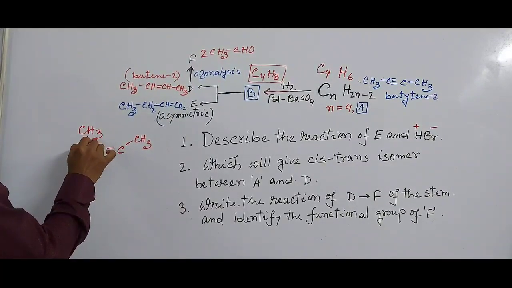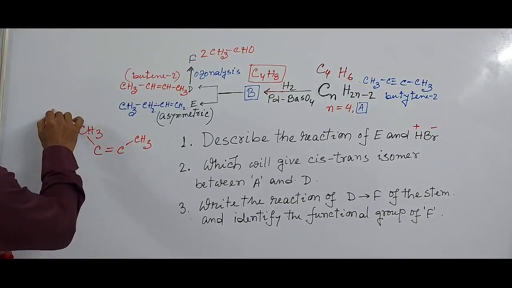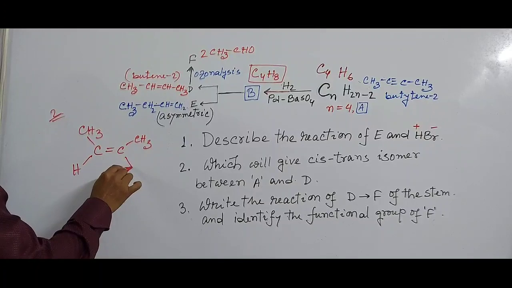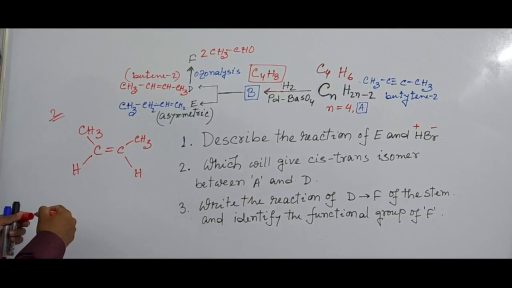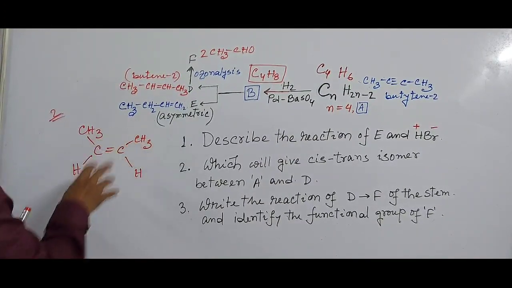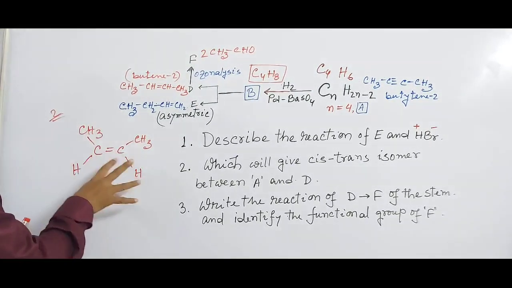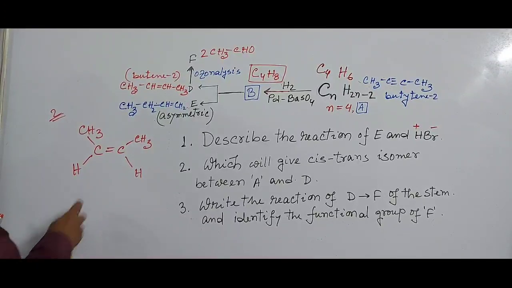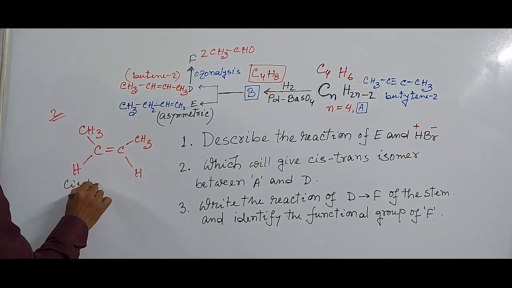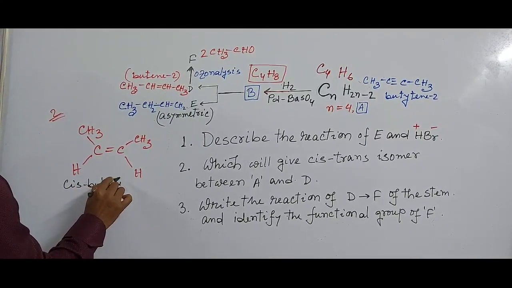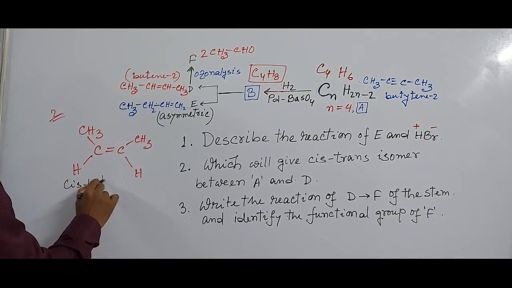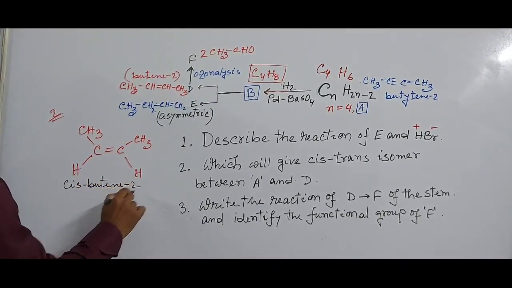If I show you the isomerism of butene 2, this is butene 2. As the 2 methyl groups and 2 hydrogen atoms are on the same side of the carbon-carbon double bond, it is cis-butene 2.